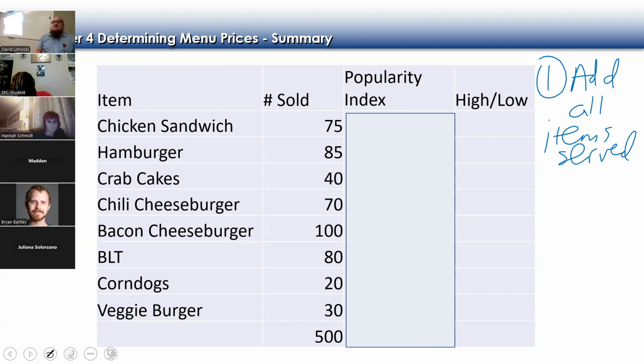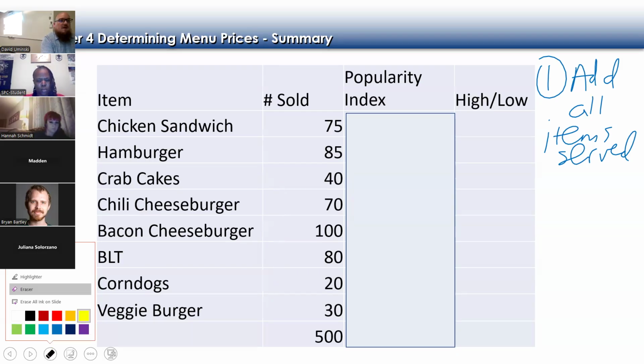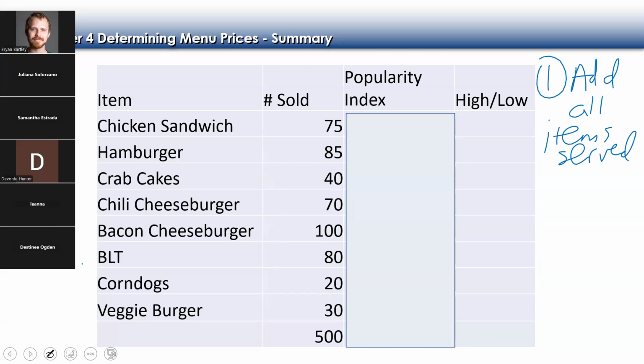So that's number 1. We want to add all the items that we served. In this case, if I add all my items, I get 500 total.